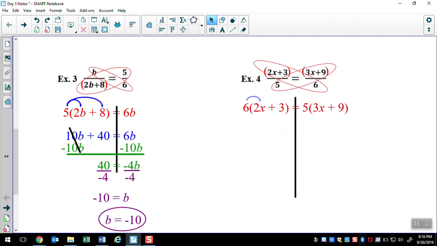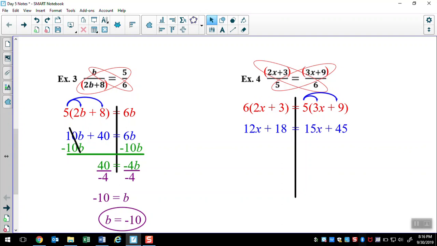So I can simplify this side by distributing my 6 to the 2x and the 3. That gives me 12x plus 18. I cannot simplify anymore here, so now I'm going to distribute this side as well. I'm going to do the 5 times the 3x, and then I'm going to do 5 times 9. When I do that, I get 15x plus 45.